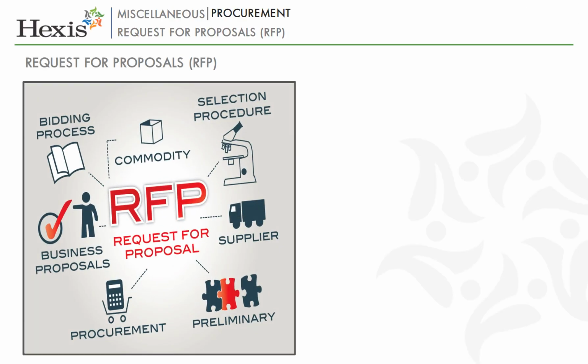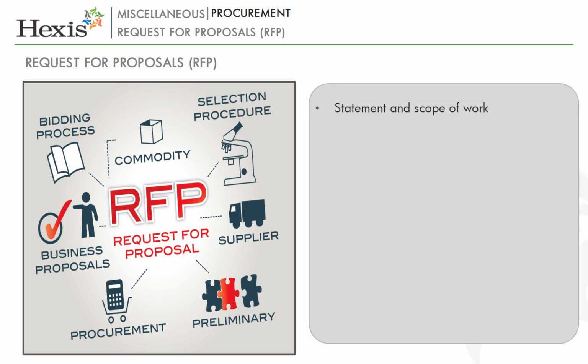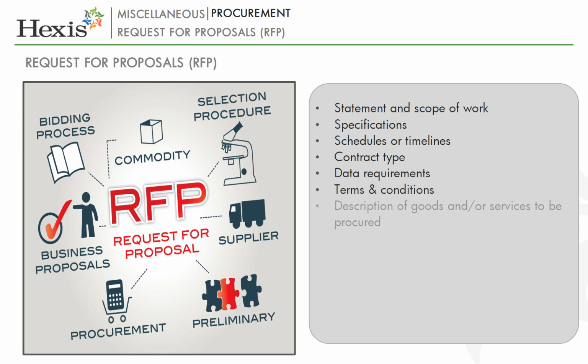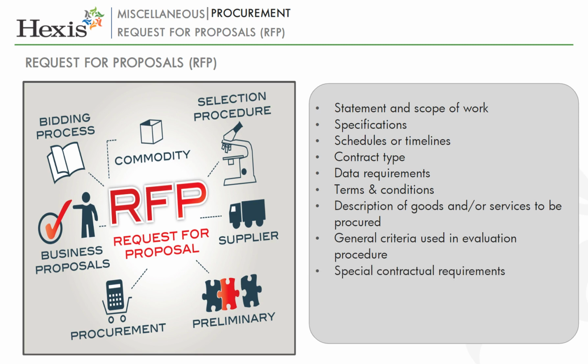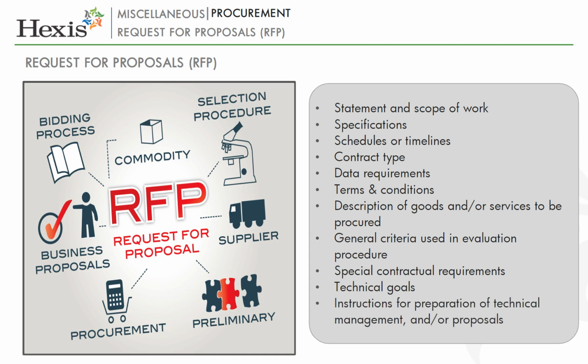Now we will study requests for proposals, or RFP. It is a document used in procurement procedures through which a purchaser advises the potential suppliers of the statement and scope of work, specifications, schedules or timelines, contract type, data requirements, terms and conditions, description of goods and/or services to be procured, general criteria used in the evaluation procedure, special contractual requirements, technical goals, and instructions for preparation of technical and management proposals.